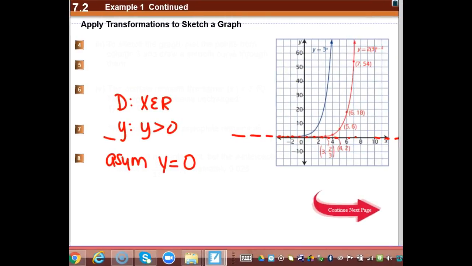And then, what was the last part we needed? Intercepts. Is there an x-intercept? So no x-intercept. And then we need to find out where it's hitting on the y-axis, right?